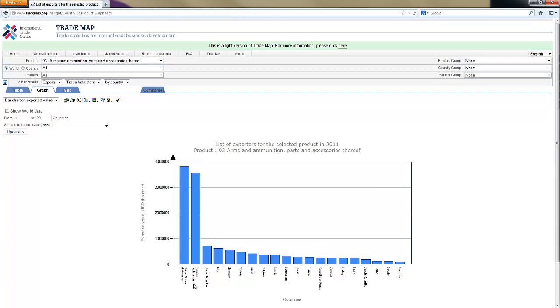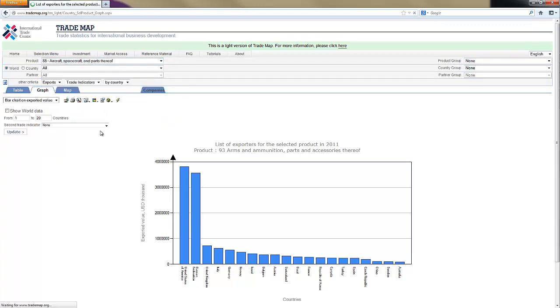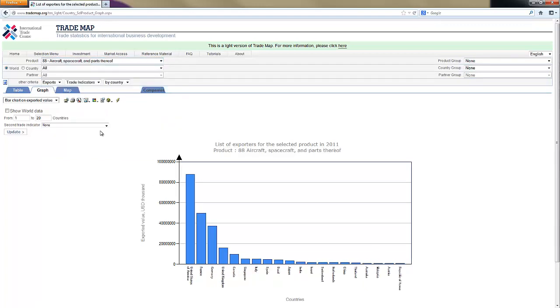Followed closely by Russia and the United Kingdom. So from an economic perspective, does it seem smart that we would put political pressure on one of the few industries in which we have almost absolute advantage? Probably not so smart. Let's look at aircraft and spacecraft. Again, looks like we lead in that category as well.